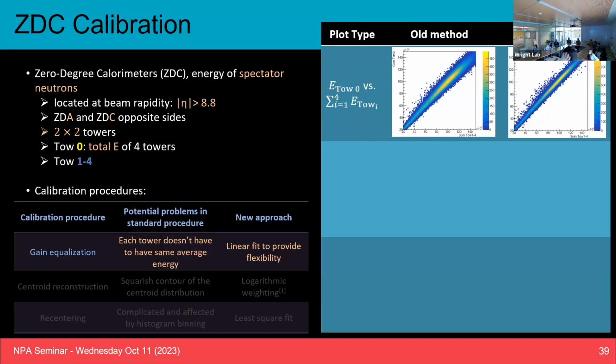Sorry, I guess maybe I misunderstood what you said. I mean, on average, each tower should have the same energy. Yeah, but it's hardware, so it doesn't have to. I thought you said the problem with the calibration procedure in the old method was that they forced them to have the same. Yeah, they basically divide the sum by 4, then put the average in to scale with 1/4 of tower 0. I see, okay.